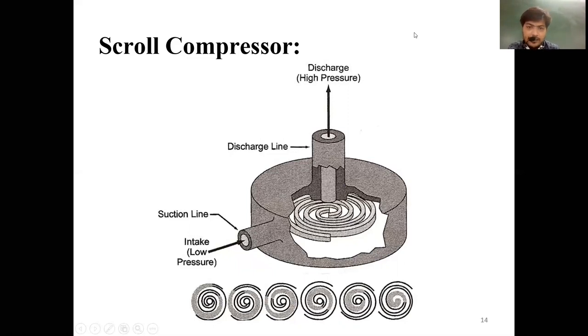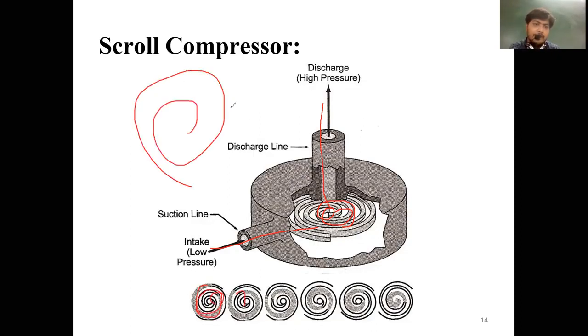Refrigerant enters at low pressure from this side, and with the motion of this ring the refrigerant is trapped inside, so pressure increases and it discharges in the upward direction. This is our diagram of working. The refrigerant comes inside and is trapped. Okay, this is its rotation line. So the pressure of the refrigerant increases.